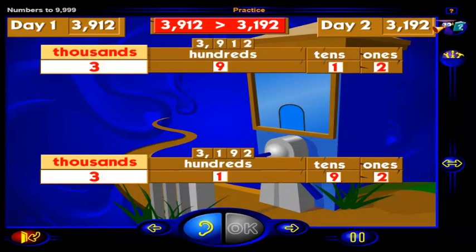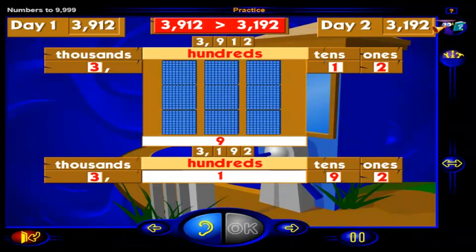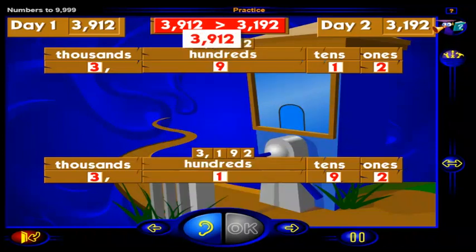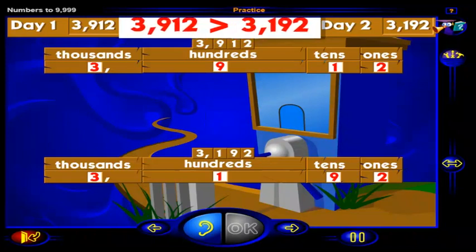So, to compare these numbers, we look at the digit in the next place, the hundreds place. 9 hundreds is greater than 1 hundred. So, 3,912 is greater than 3,192. And we can use this sign to compare these numbers.